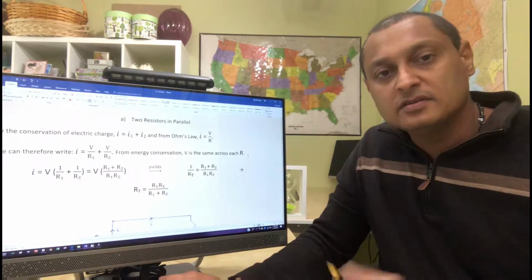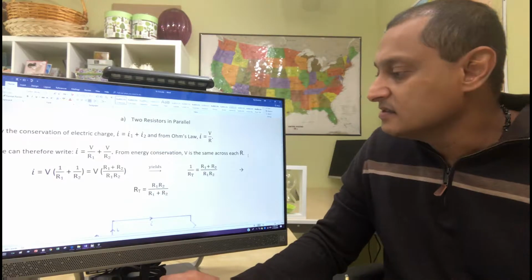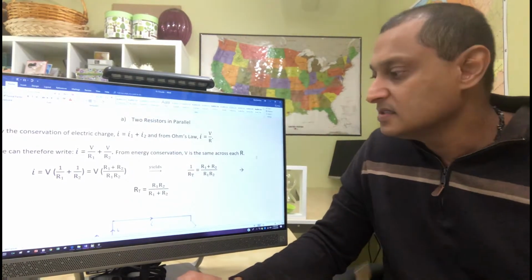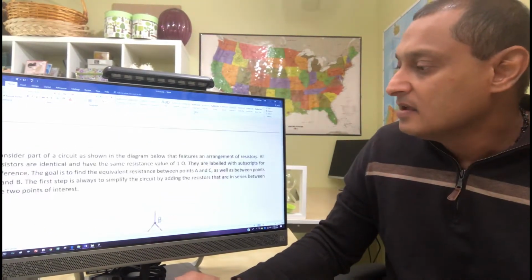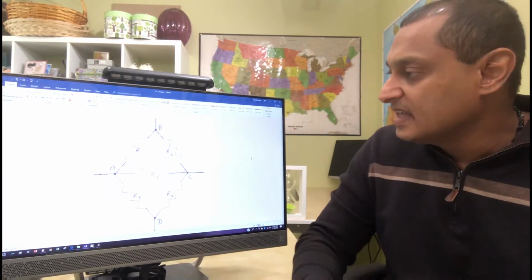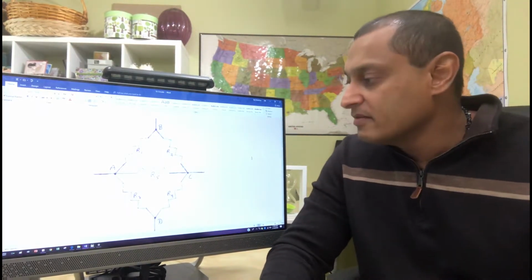to find the equivalent of the total resistance, the net resistance in a circuit, depending on whether it's wired in series or in parallel. And again, there are multiple examples of wiring structures.